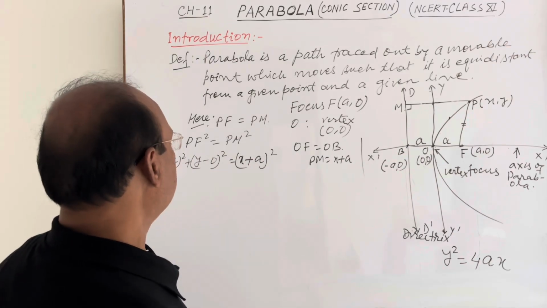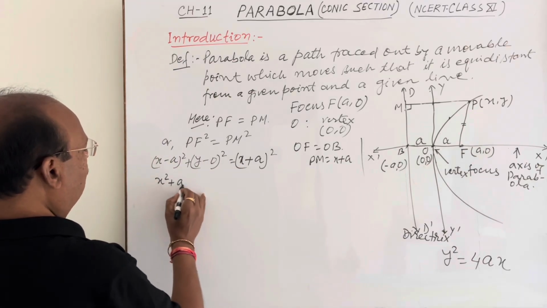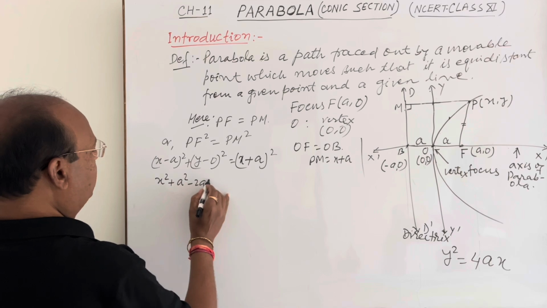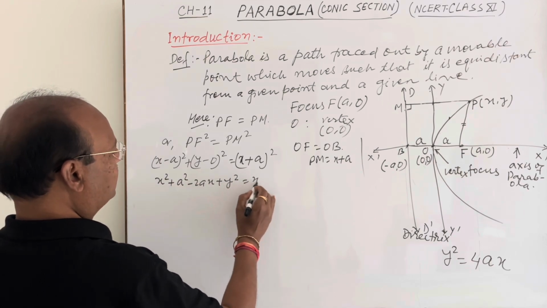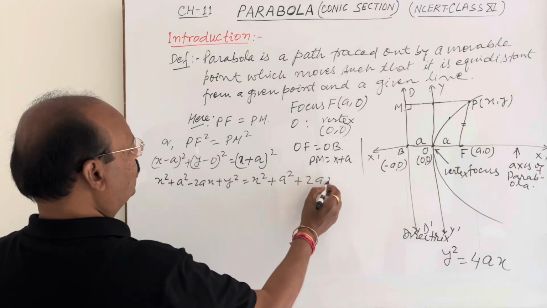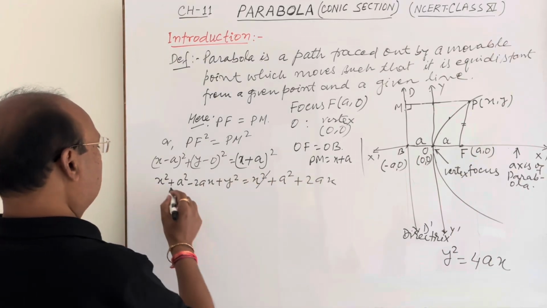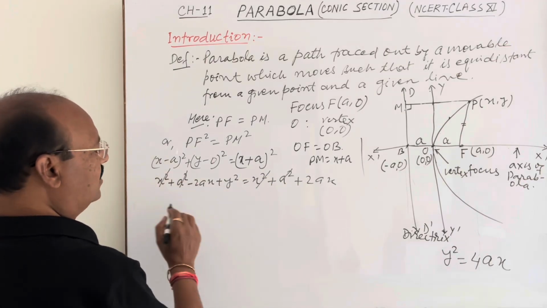Now simplifying, on the left hand side we get x square plus a square minus 2ax plus y square, and on the right hand side x square plus a square plus 2ax. Here x square will cancel out from both sides, a square will also cancel out.